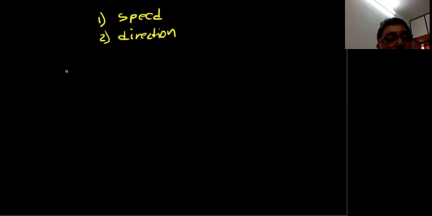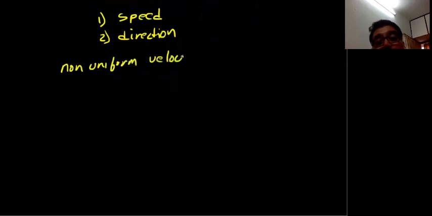For that, let's start with one example, let's start with non-uniform velocity. Now, what is non-uniform velocity? Remember what we said earlier, velocity depends on two things, speed and direction.